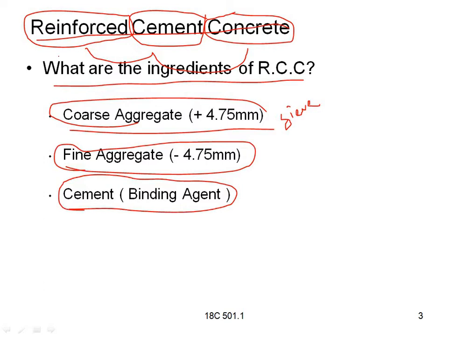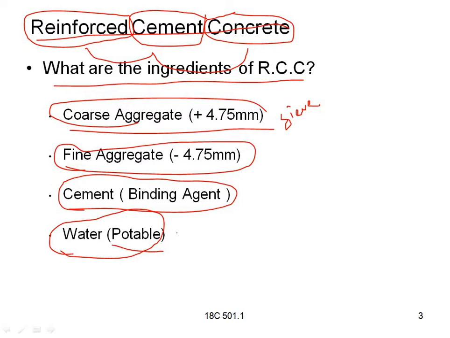This cement is called a binding agent because it is mixed with sand and aggregates and with water, and then it forms a binding material. So cement gives good durability and strength, because cement is the main component in RCC. And next one, water, which should be potable water.